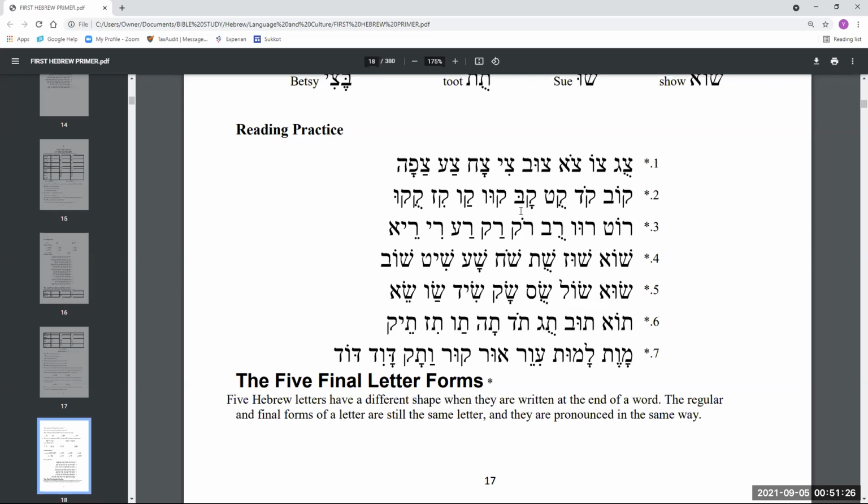That is a kuf with a kamatz and a bet. So that would be a cob. Say that again. Cob. Cob.